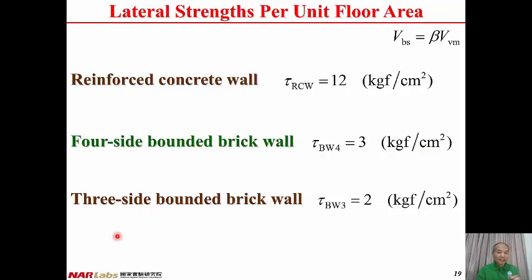And for three-side bounded brick wall, tau BW3 equals 2 kgf per cm square, so the unit lateral strength of the reinforced concrete wall is the highest. The next one is four-side bounded brick wall, and the least one is three-side bounded brick wall. The strength provided by three-side bounded brick wall is less because there's one opening at the left-hand side or the right-hand side.